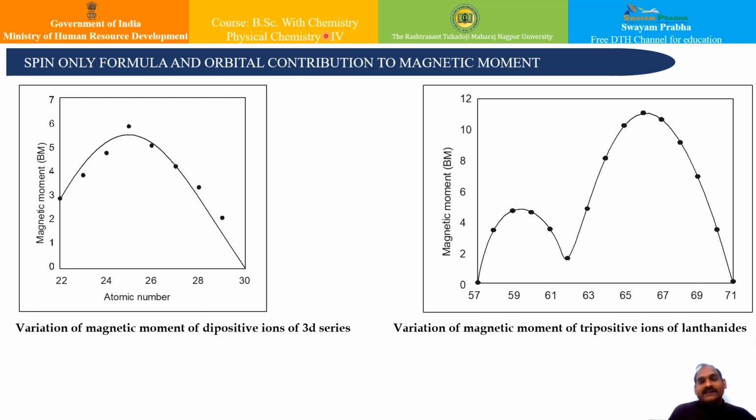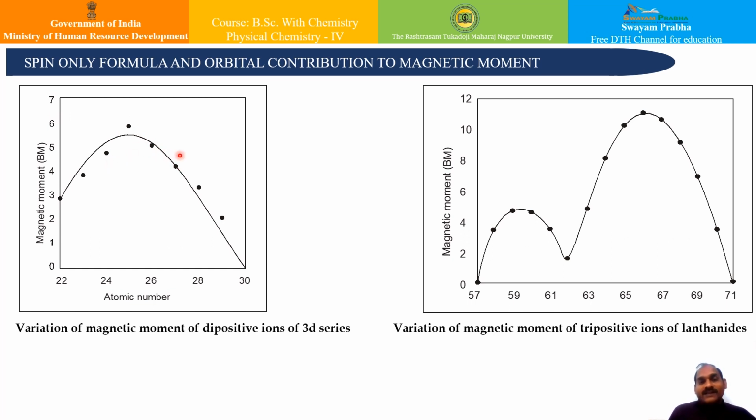And then it decreases due to pairing of electrons. Therefore, you can see from this particular figure the magnetic moment as a function of the number of d electrons in a parabolic curve. You can see the maxima at d5, manganese 2 plus.